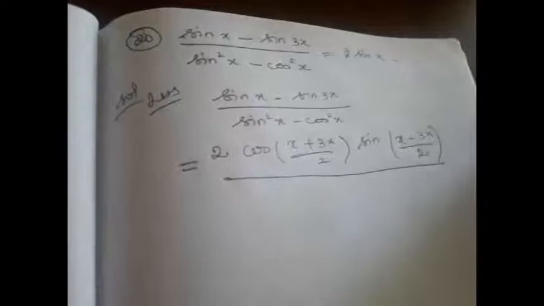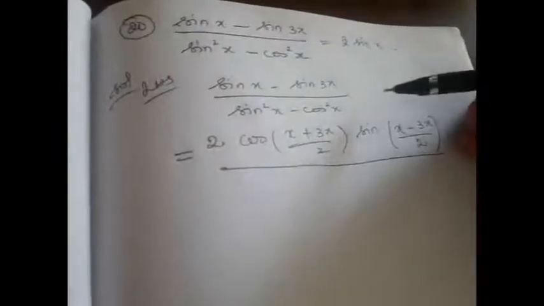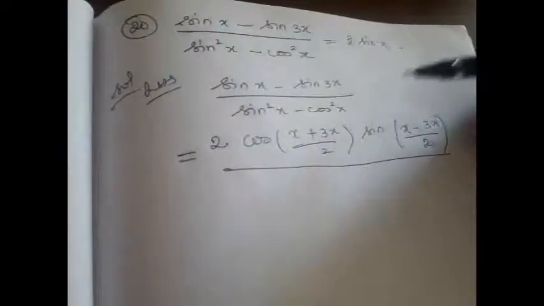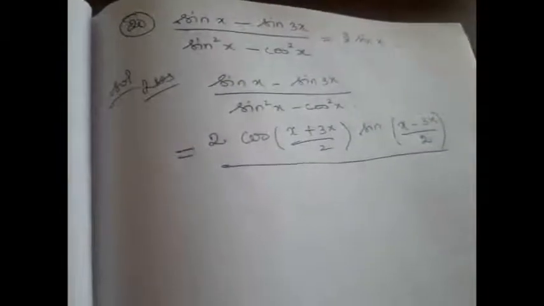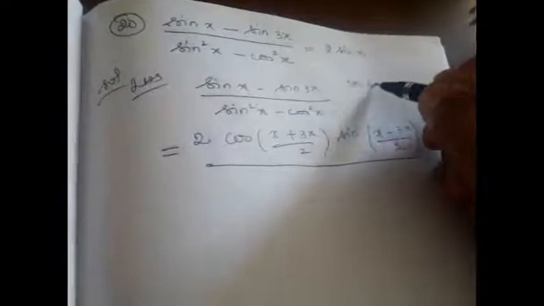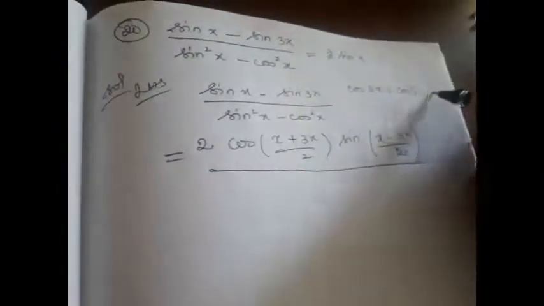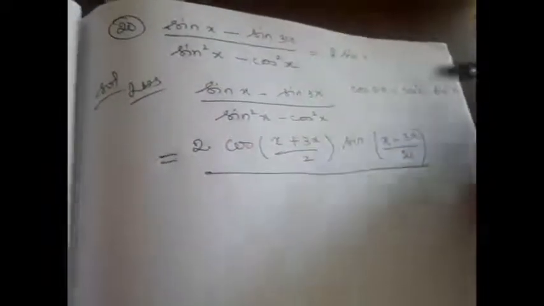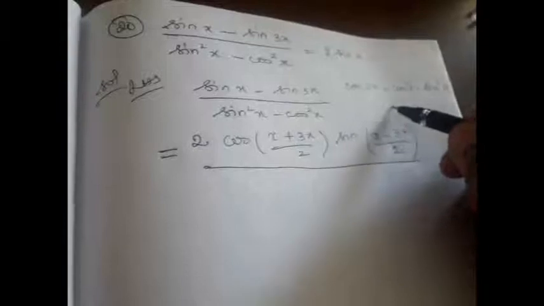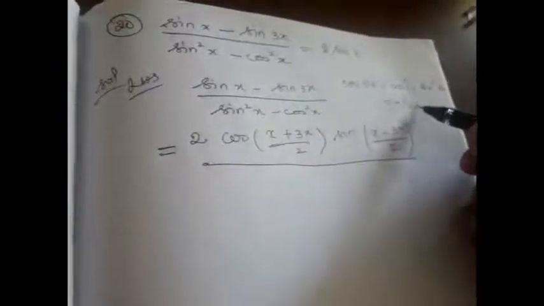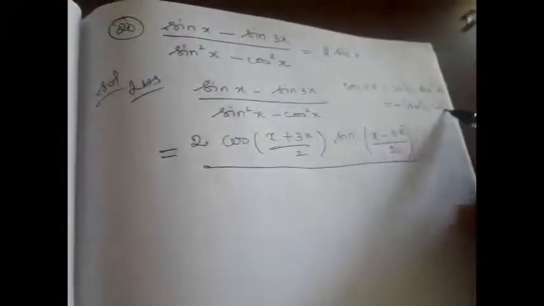When it is sin square x plus cos square x, we know the identity, which is equal to 1. What is the difference of these two? Which is nothing but cos 2a. What is the cos 2a formula? We have three forms, right? Cos 2a is cos square x minus sin square x. But here we have sin square x minus cos square x. So you have to take one minus common. Then only it will become sin square x minus cos square x.